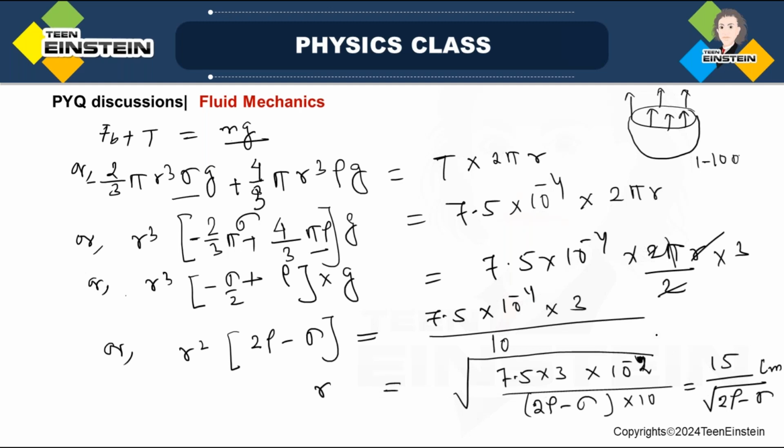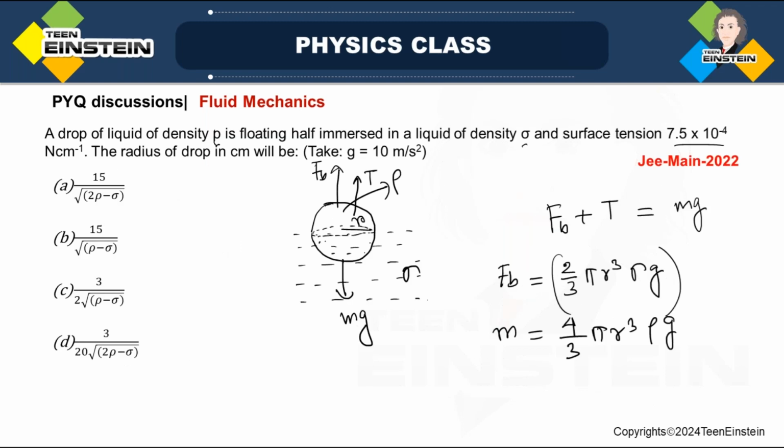Okay, so dear students, I think I took a long time to do the calculation properly. You can do it quickly in your notebook. But the main concept is that the buoyant force and the surface tension will balance the weight.